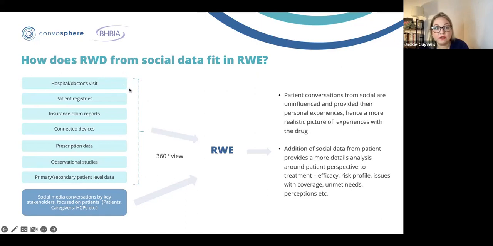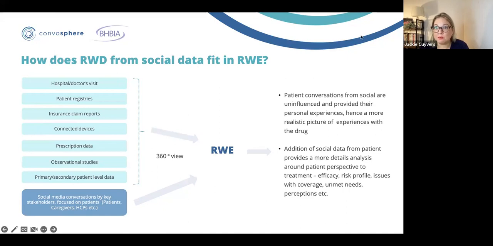So traditionally, you would be collecting information from that hospital visit. So what's being said there, what's being put in the notes, what's available in the patient registries, what's coming together from connected devices. This sits as another layer to add the real experience that's not prompted by interviewers or questions about their hospital visits, about the medicines that they've been prescribed, about their interactions with their insurer.